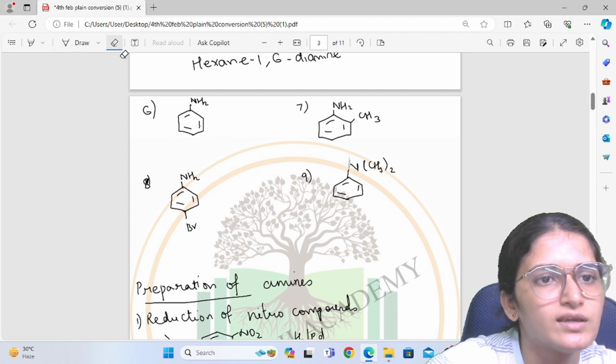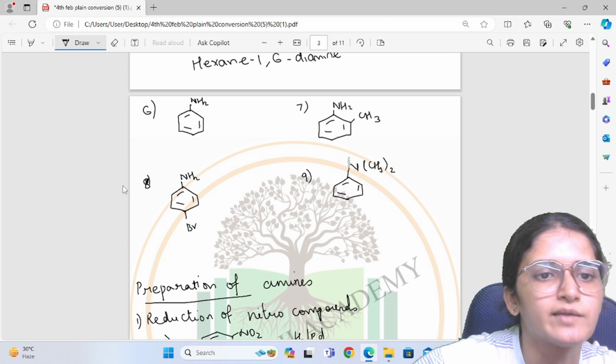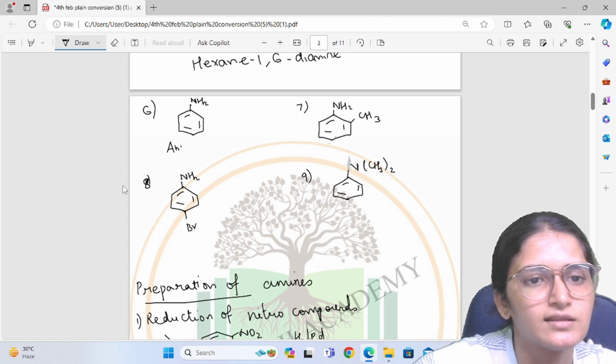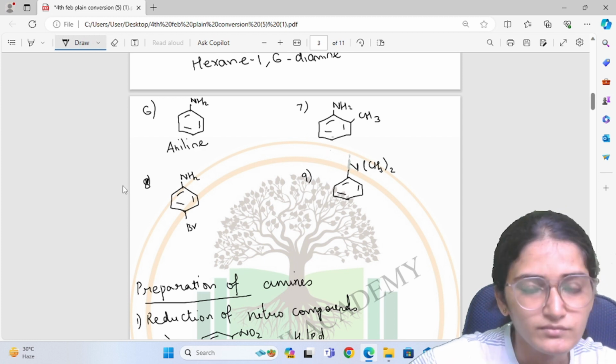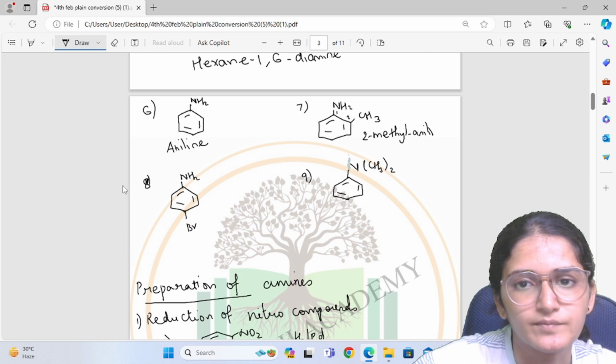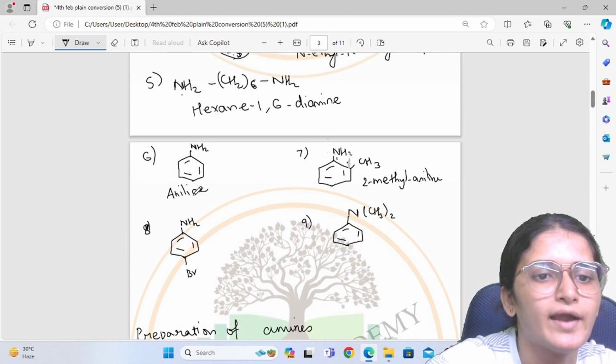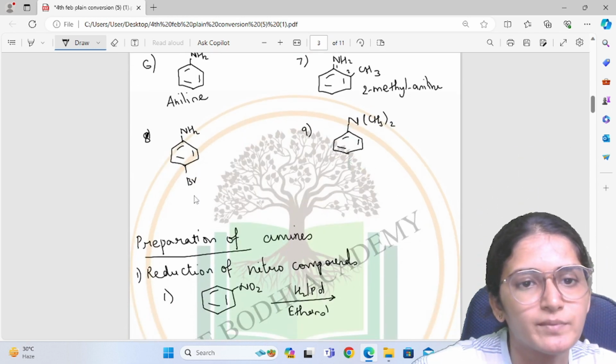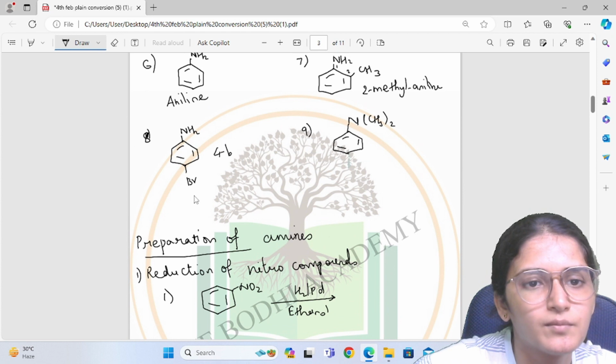We mostly consider this name only, that is aniline. If I have a methyl group attached, the amine will have number 1, so this will get number 2. So it will be 2-methyl aniline. If I have a bromine group attached, it will be 4-bromo aniline.